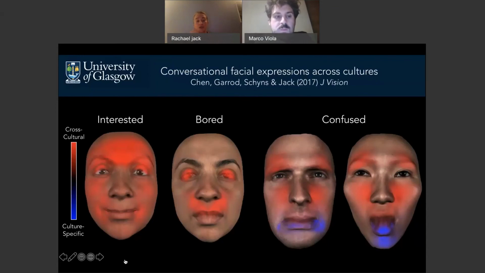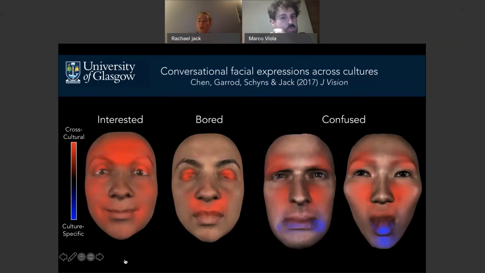So the action units, or the face movements, that are the same across cultures are in red, and those that are different across cultures are in blue. So you can see here that interested and bored are basically the same. Their facial expressions are very similar, and if we use these facial expressions across cultures, there is excellent agreement. So there's excellent communication transmitting bored and interested, there's no confusion there.